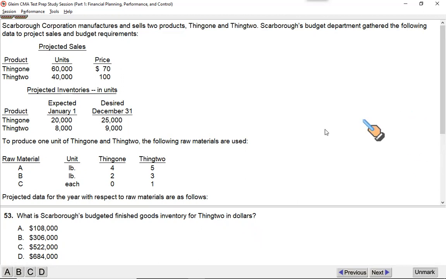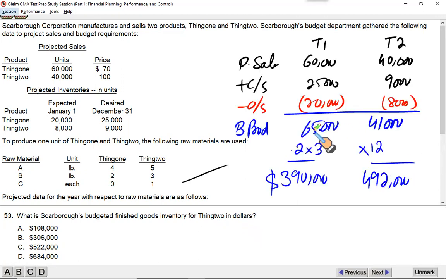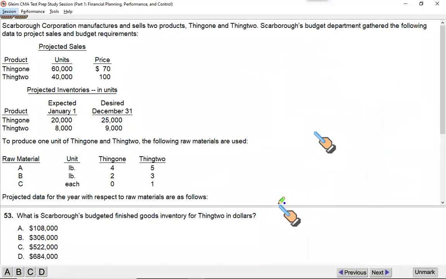So, gentlemen, please remember, let me first erase this information. We don't need it. In order to find the budgeted finished goods inventory value, we need 4 things for each of Thing 1 and Thing 2.